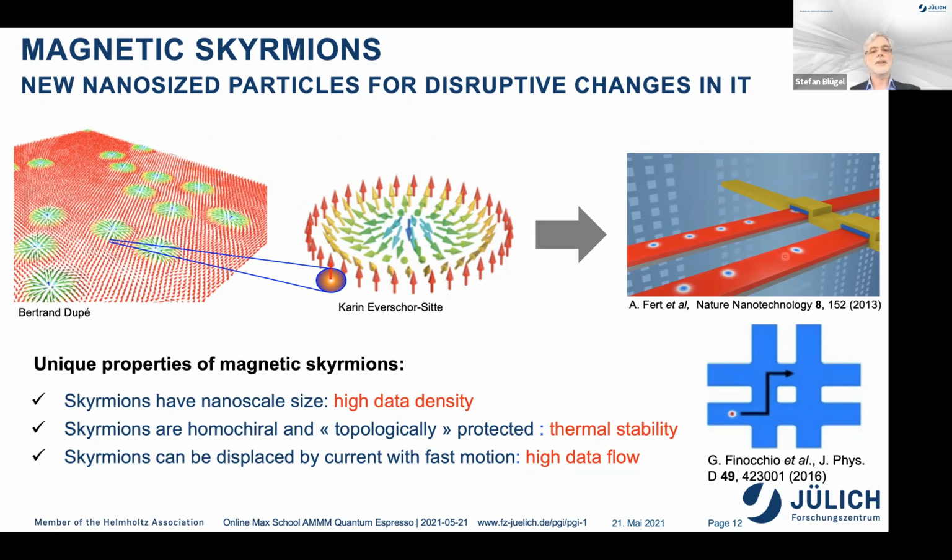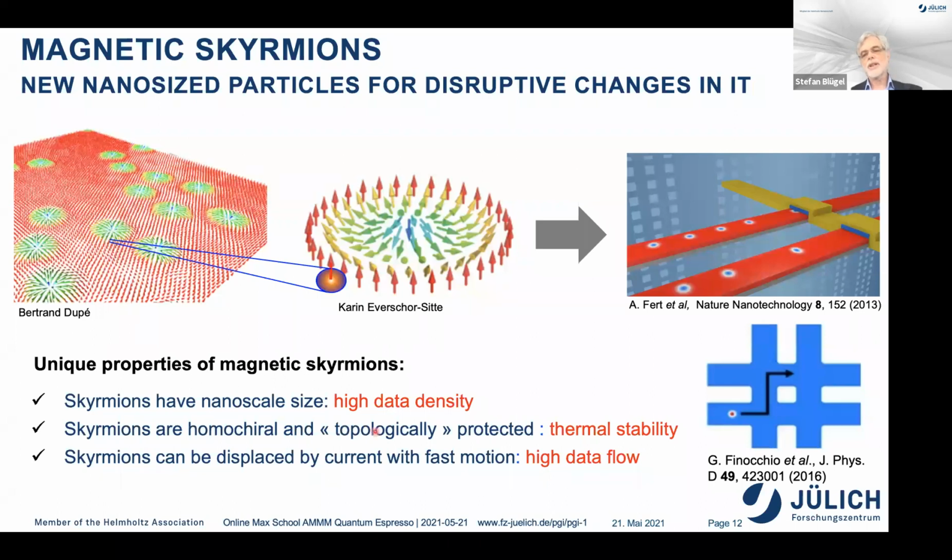And then you can use that type of register memory to save an enormous amount of energy. And the unique properties of the magnetic skyrmions is that you have nano-sized particles which guarantee high data density.